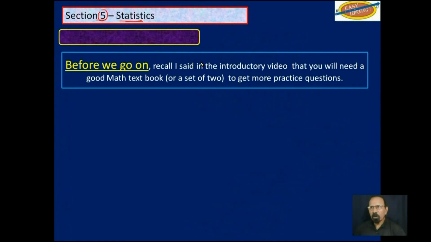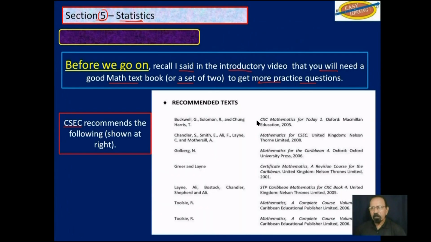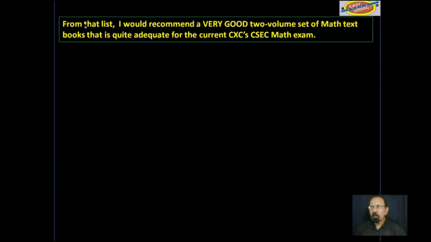Before we go on, recall I said in the introductory video that you will need a good math textbook, or maybe a set of 2, to get more practice questions. CSEC recommends the following shown at right. These here. From that, pay particular attention to these 2. From that list, I would recommend a very good 2-volume set of math textbooks that is quite adequate for the current CSEC math exam.